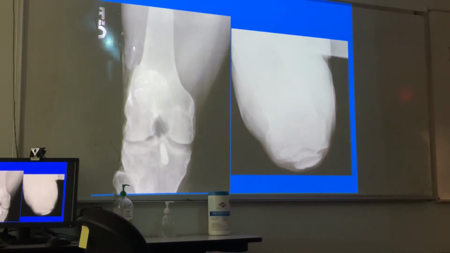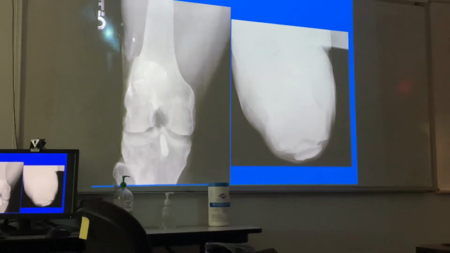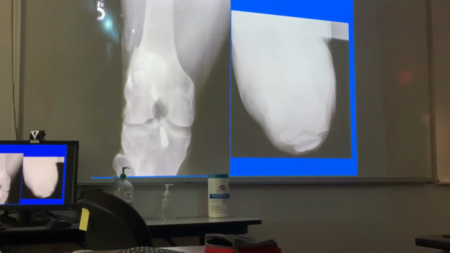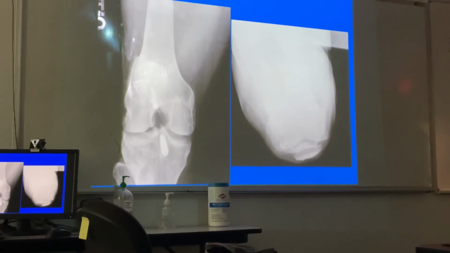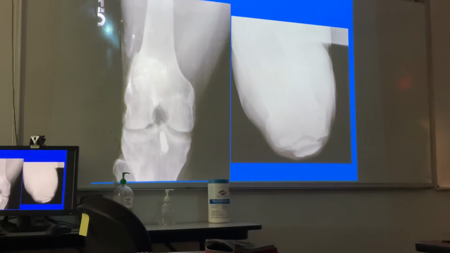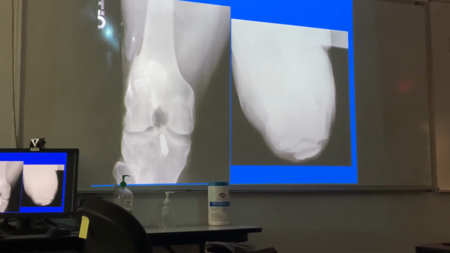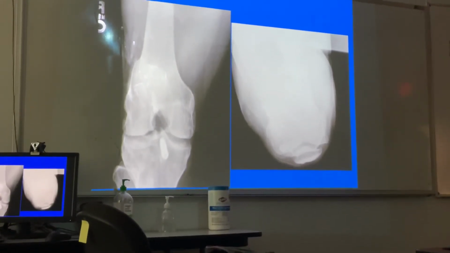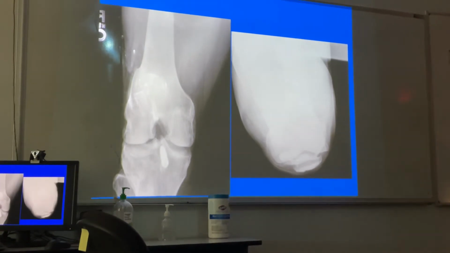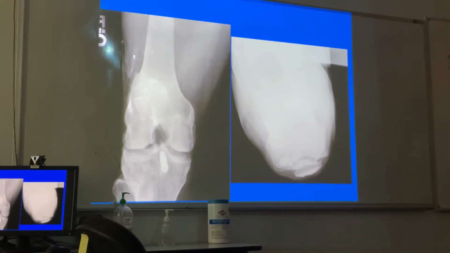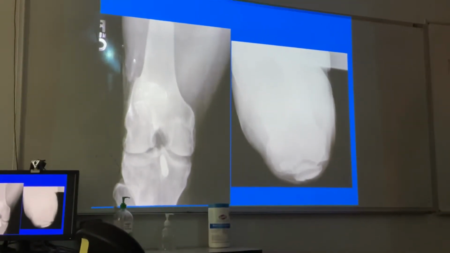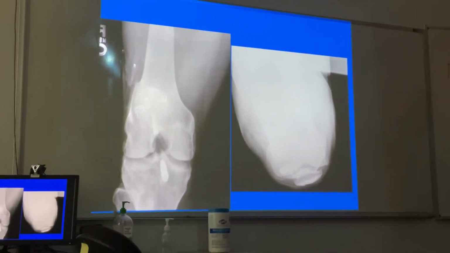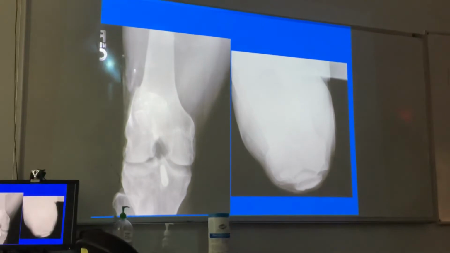Briefly, they can be rejected by the host, or the recipient, and you can have an autograft or an allograft. Autograft is going to be from yourself, and commonly they use the hamstring for that, the medial hamstring. And then for the cadavers, sometimes they just pull out the ligament itself and put it in.